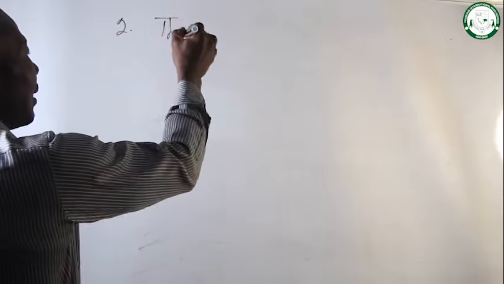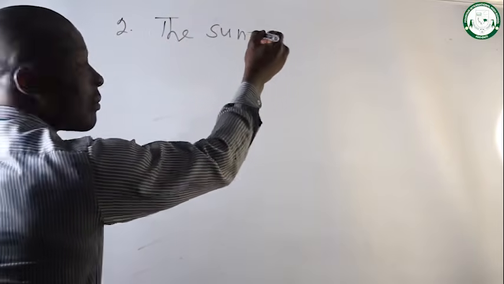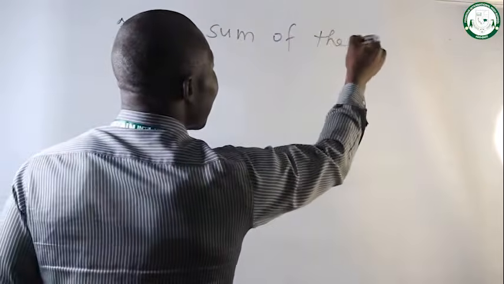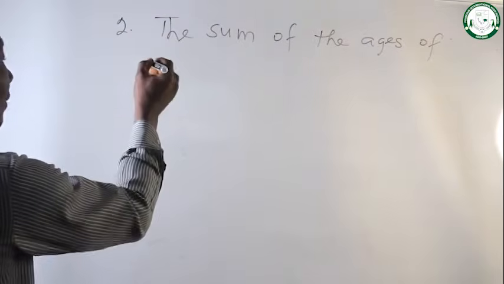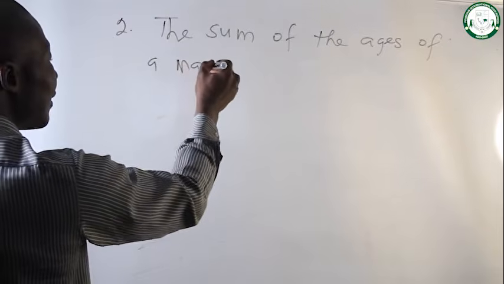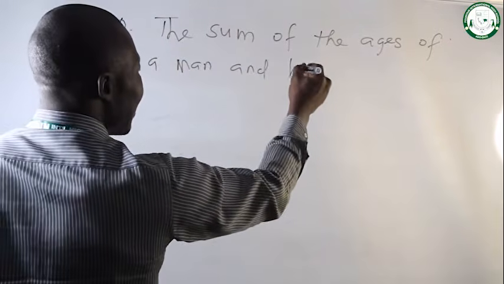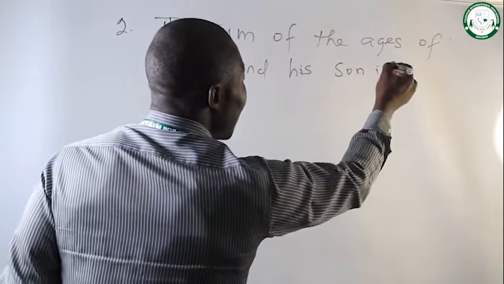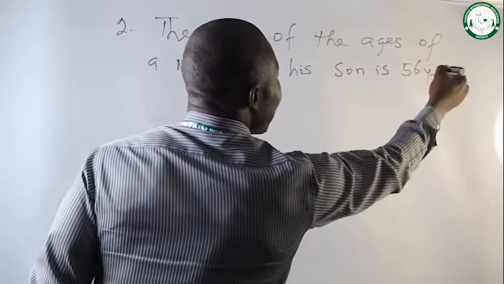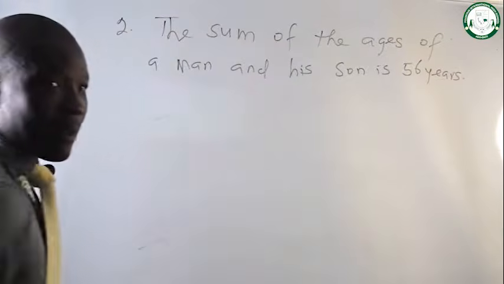Example number 2. It says the sum of the ages of a man and his son is 56 years.